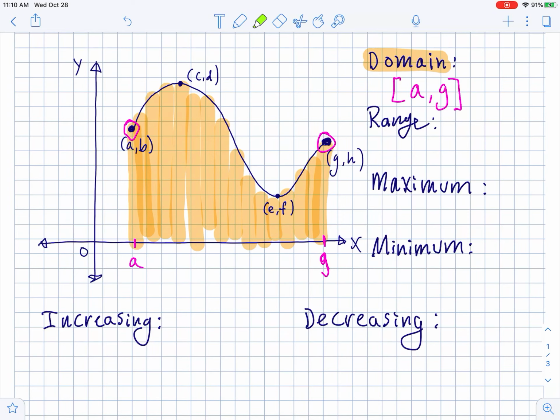Now the range, we have to turn our pencil sideways and look at all the y values that occur.